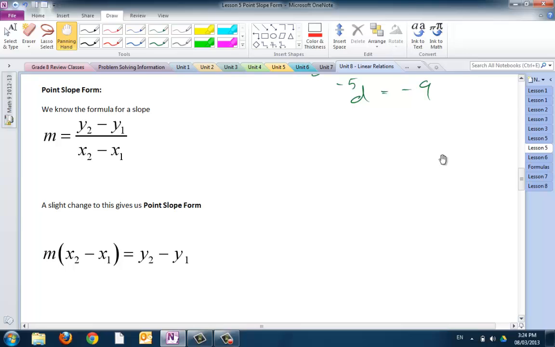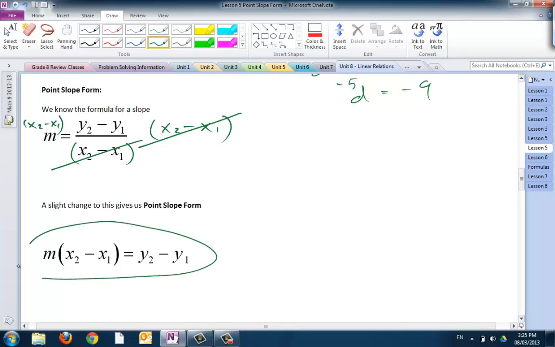So we know that slope, or m, is y2 minus y1 over x2 minus x1. And we can take this and multiply both sides of the equation by x2 minus x1. Those cancel, and I'm left with this guy right here.